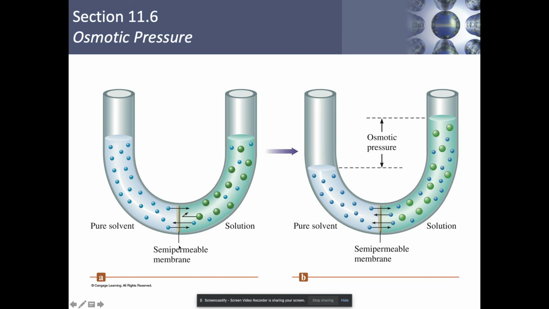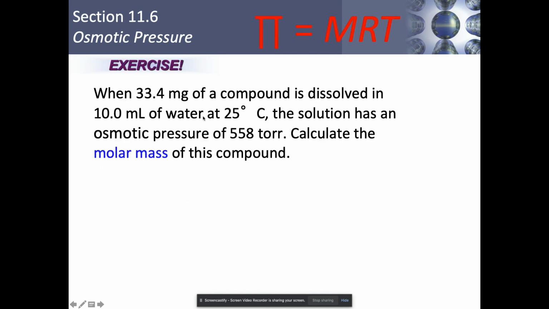Because this is a semi-permeable membrane, only water is allowed to go. The solute can't get through the semi-permeable membrane. So water molecules start to move over until they are equal on both sides, and then an equilibrium is established between both sides of our pressure gradient. And so pi equals M times R times T.